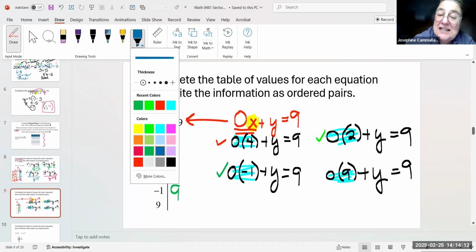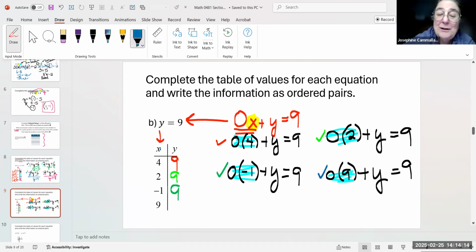And 0 times 9 plus y is going to give me 9. All of these have a y value of 9.